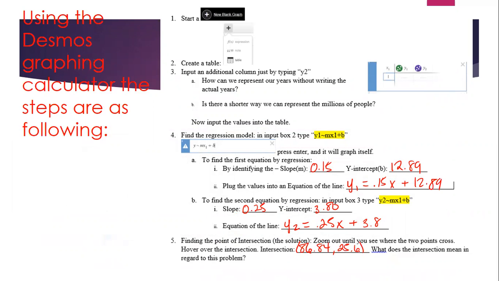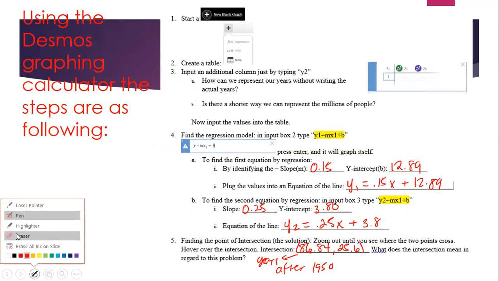25.6. So the question is, what does this mean in regards to the problem? What does the 86 and 84/100 represent? What did our x represent? That's our years after 1950, right?